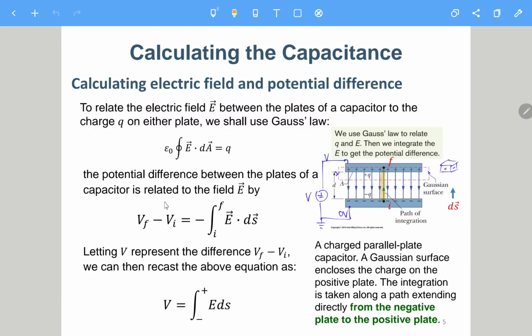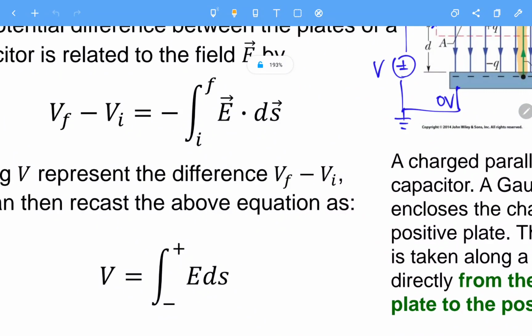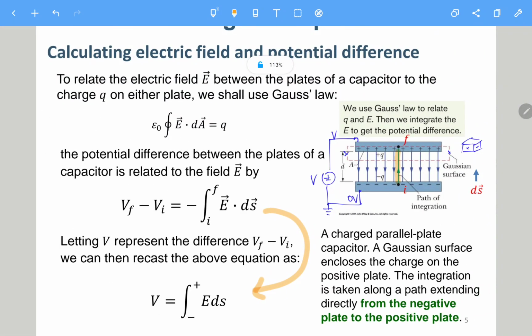So here we have this, and we try to make some small modification from it to here. Originally it is integrated from I to F, with a negative sign.